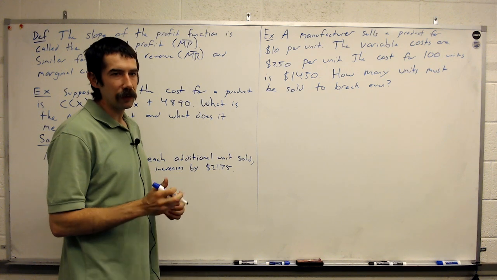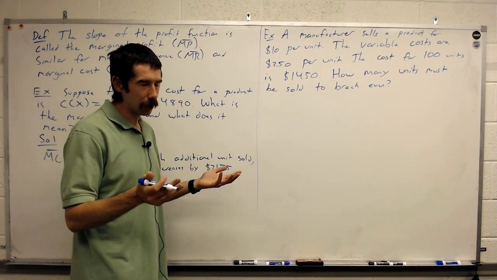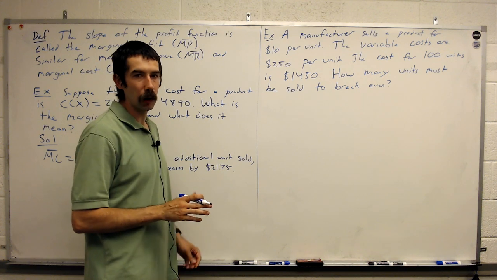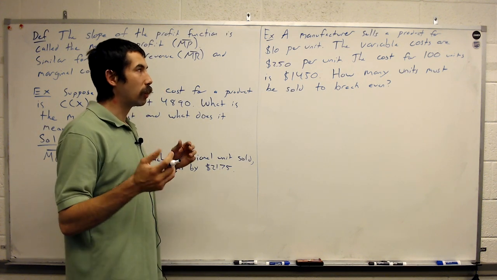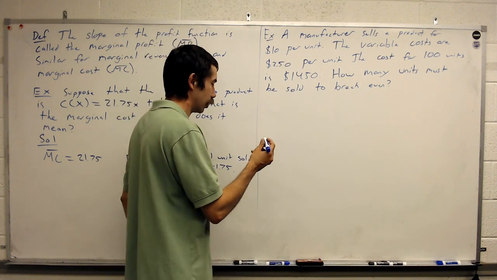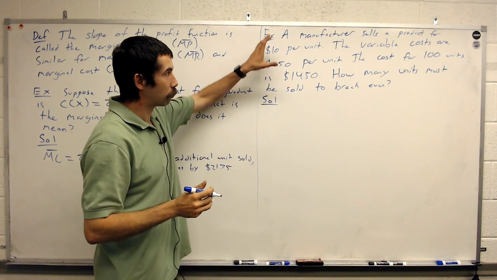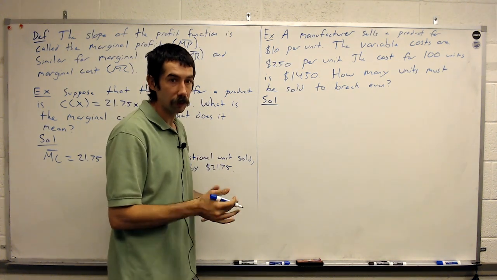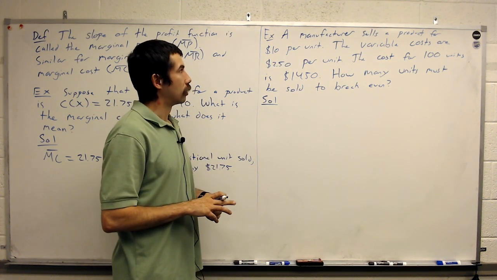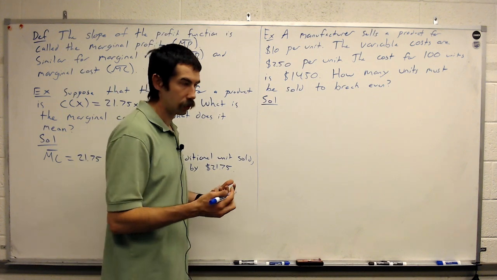How do we find the break-even point? The break-even point is when our profit is 0, or another way to say that is when our revenue is equal to our cost. All right, so we want to figure out when our revenue function is equal to our cost function. Well, let's just restate this problem using some functions. So a manufacturer sells a product for $10 per unit. That's our revenue.